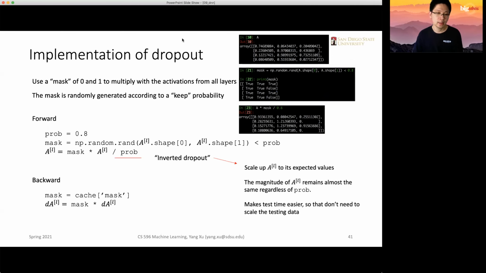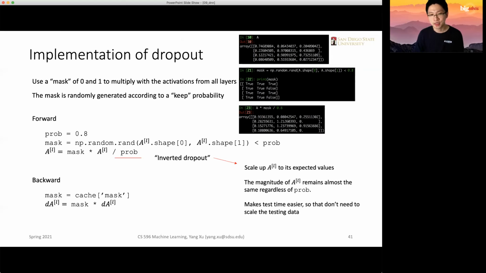So I see Devon's question, why is it important to keep the magnitude?